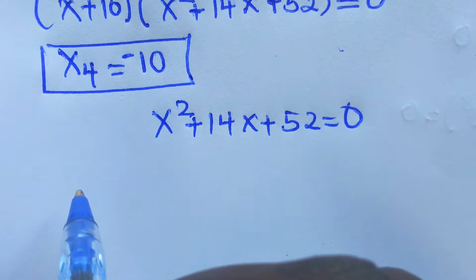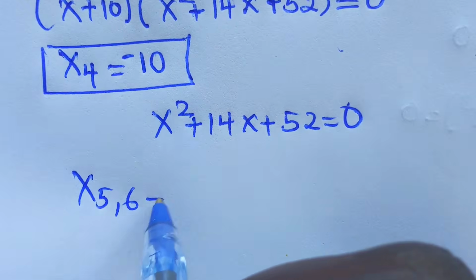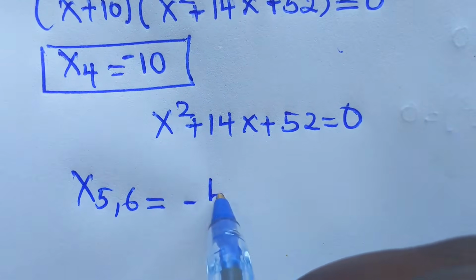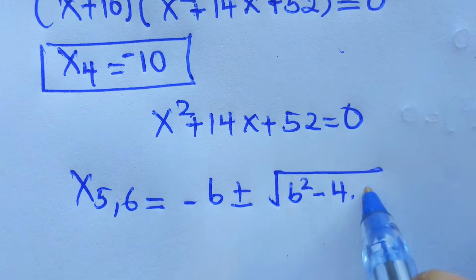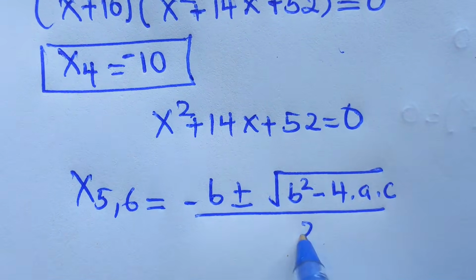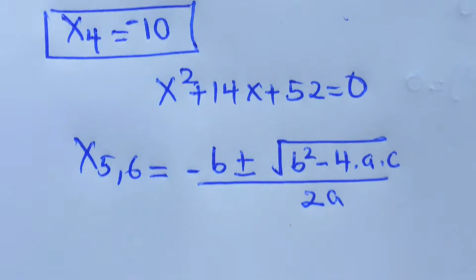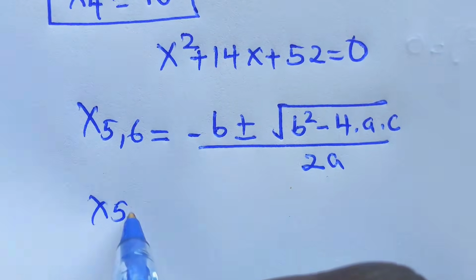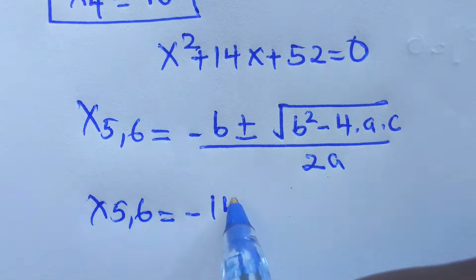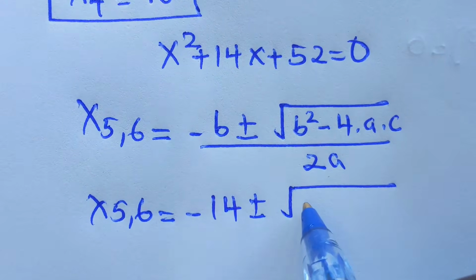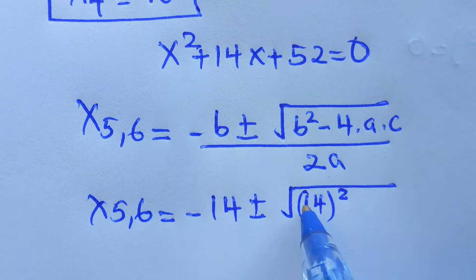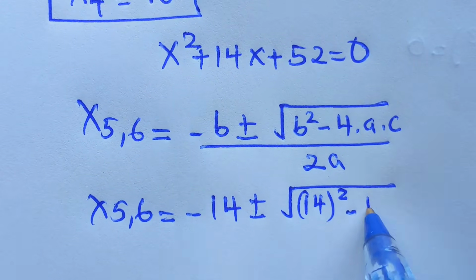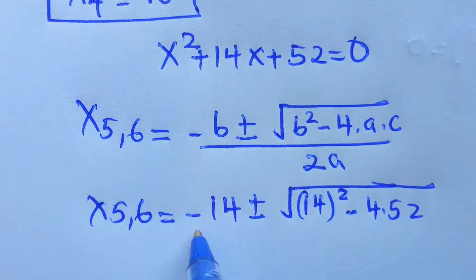We find x5 and x6, which equal negative b plus or minus the square root of b squared minus 4ac, over 2a. So x5 and x6 are negative 14 plus or minus the square root of 14 squared minus 4 times 52, over 2.